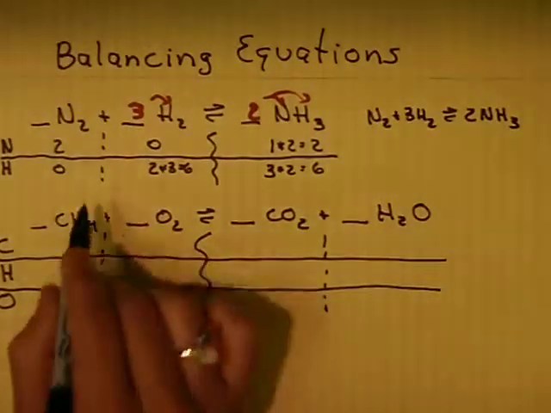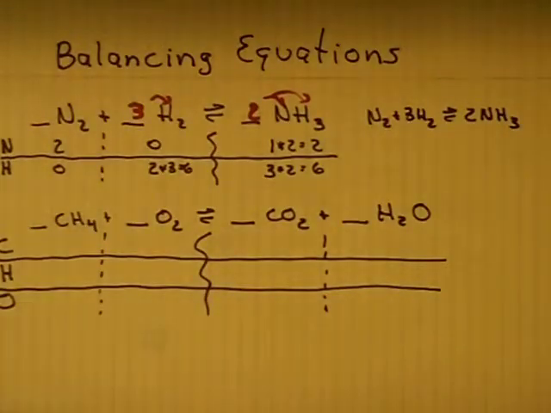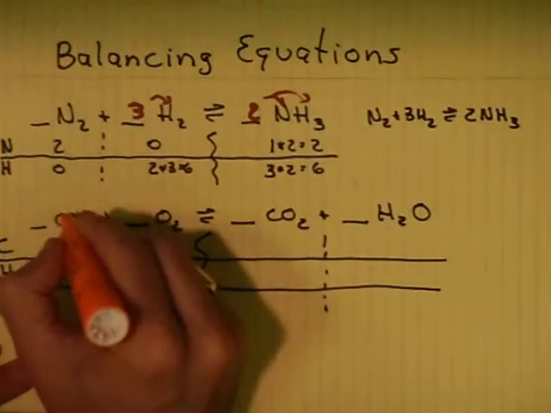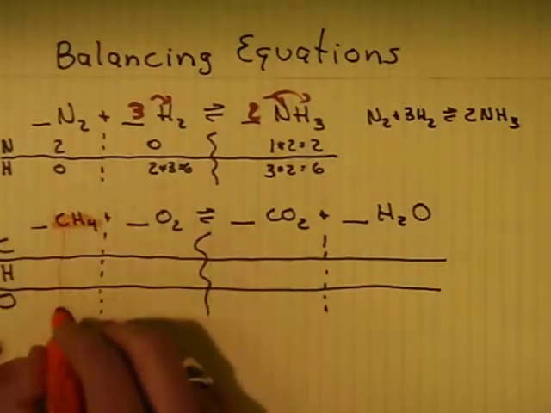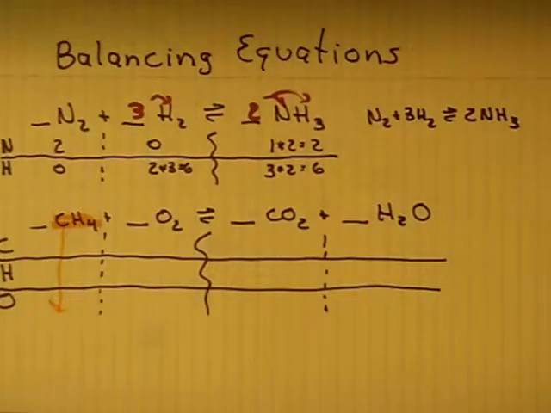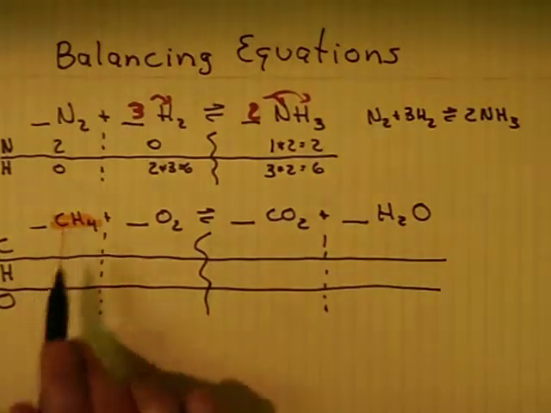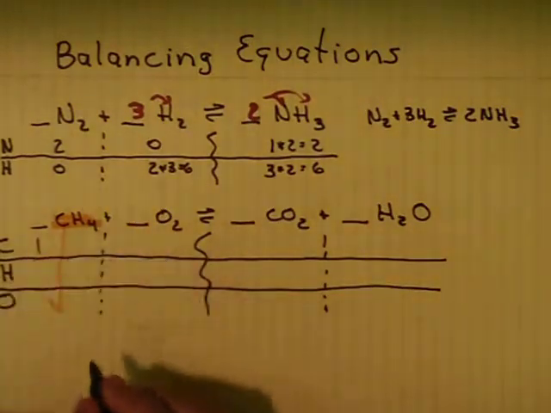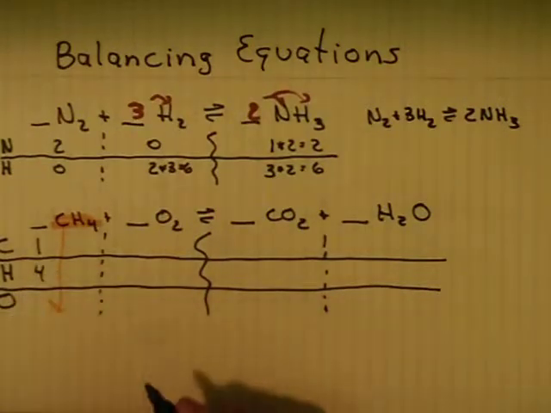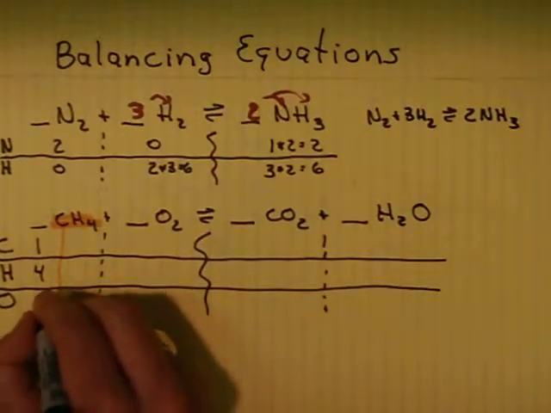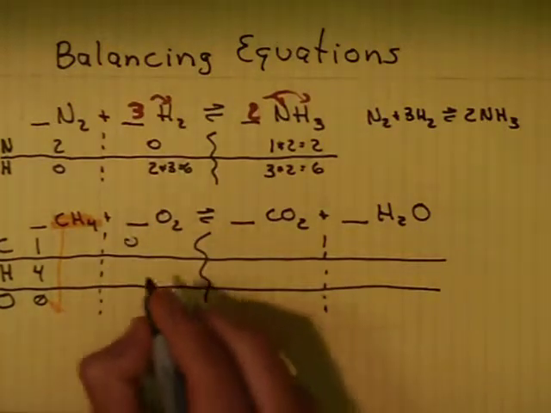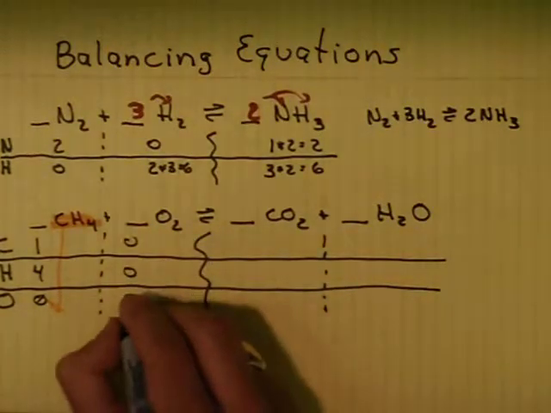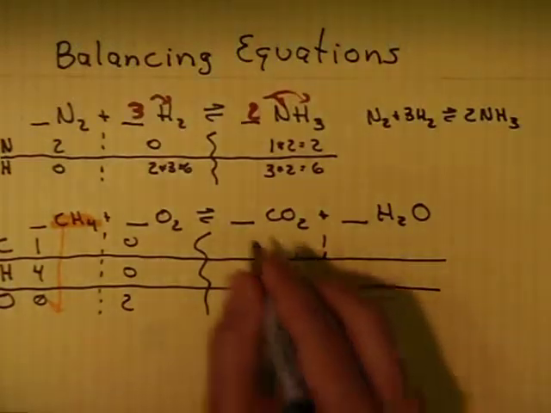Alright, so to start off, again, we're just looking at how many of each we have. So, CH4, we've got 1 carbon, 4 hydrogens, and 0 oxygen. O2, 0 carbons, 0 hydrogens, 2 oxygens.